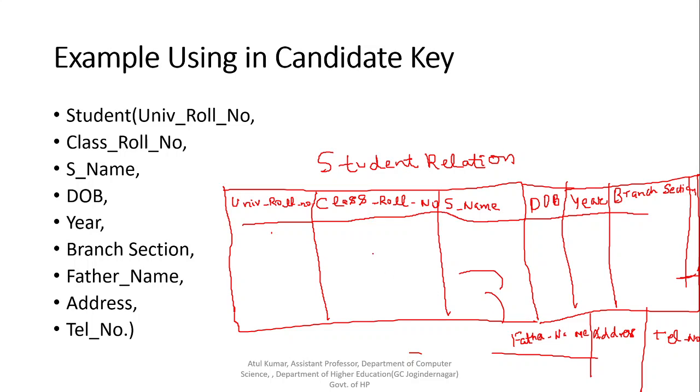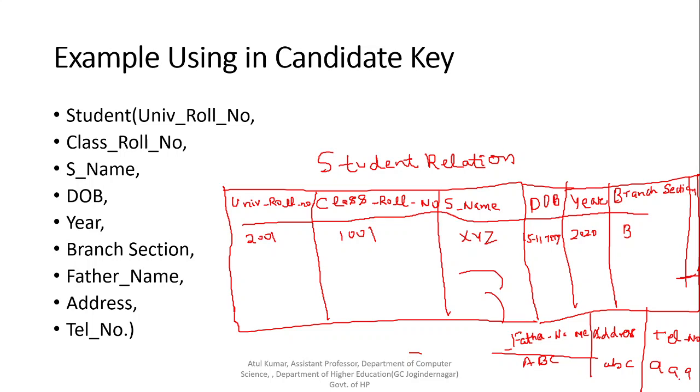So if I put the values, university roll number is 2001, class roll number is 101, student name is XYZ, date of birth is 15/11/1999, year is 2020, branch section is B, father name is ABC, address is ABC, telephone number is 99999.